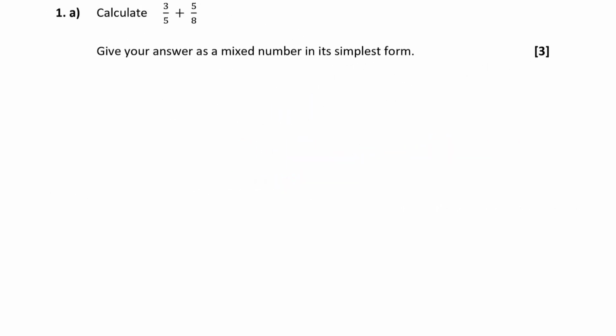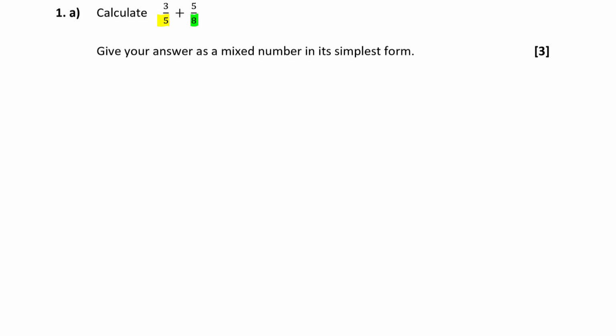Calculate 3/5 plus 5/8. Okay, so we're adding fractions together here, but you'll notice that we've got different denominators. We've got a 5 here and an 8 here. So to add them together, we need to find a common denominator. So what's a common multiple of 5 and 8 then? The smallest one I can think of is, well, it's just 5 times 8 is 40, isn't it?